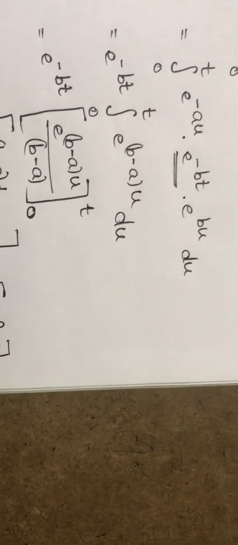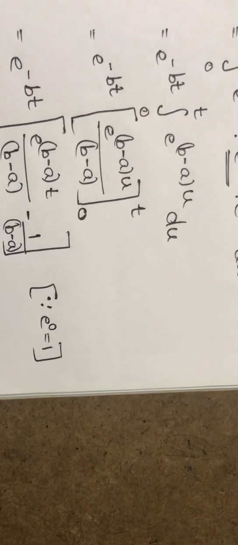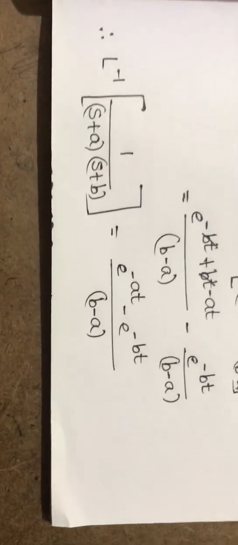That's why we kept the u terms inside the integration, and here e power minus bt is a constant. We take it outside, and later on applying integration we get these results, and after all the cancellation we get this as our result, and this is our final result. It's very easy.